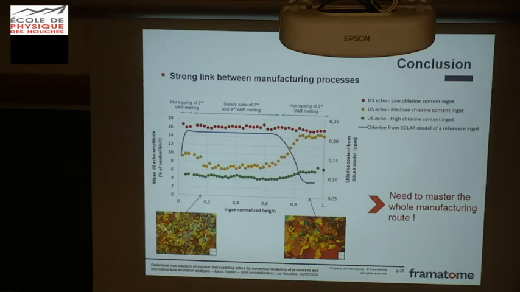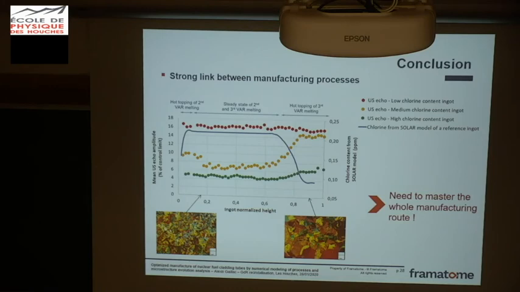And in extreme cases, with chlorine content which is lower on all of the ingots, we have many problems. And with a higher chlorine content, we have fewer defects. But the problem is that we cannot add a lot of chlorine, because at the end we will have other problems like porosities in the material.